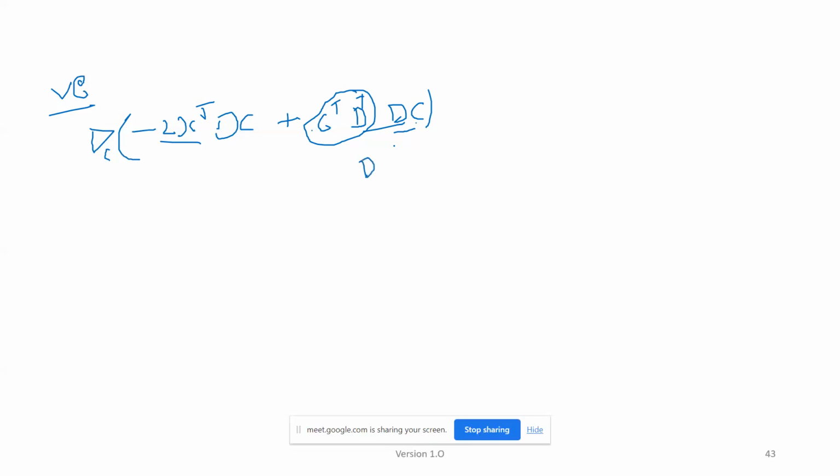Now it is 2x transpose of DC plus C transpose into C, where D transpose D is identity.